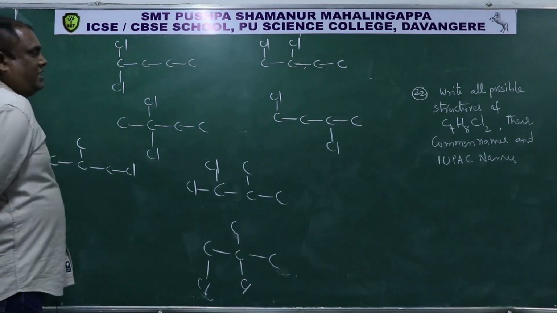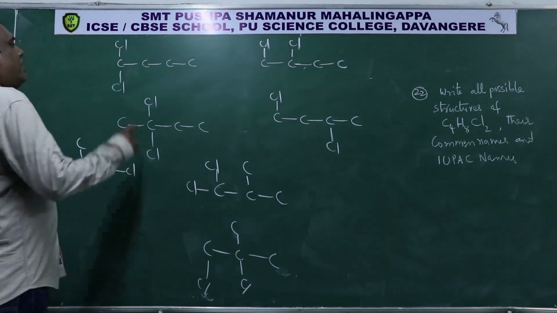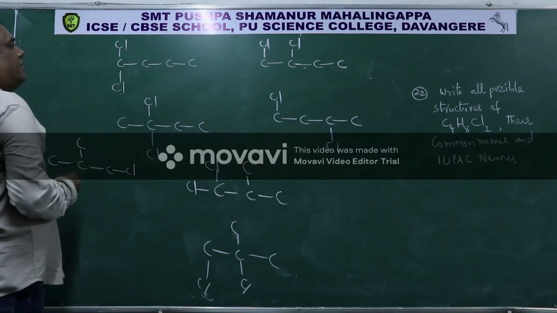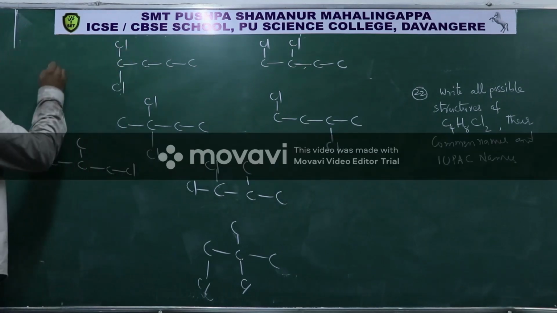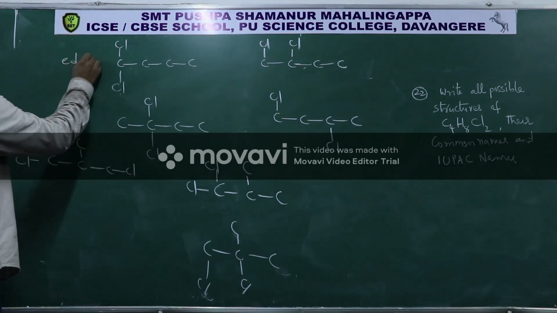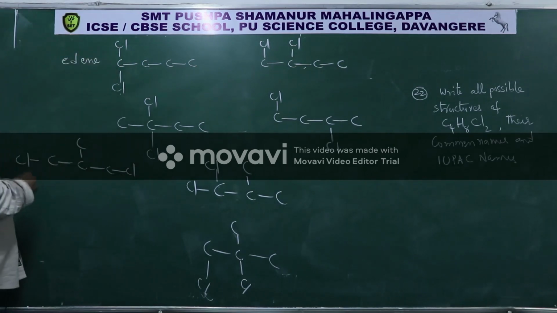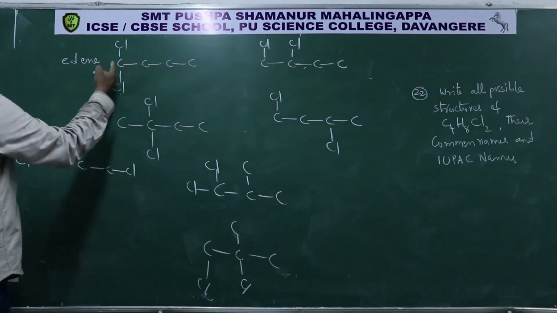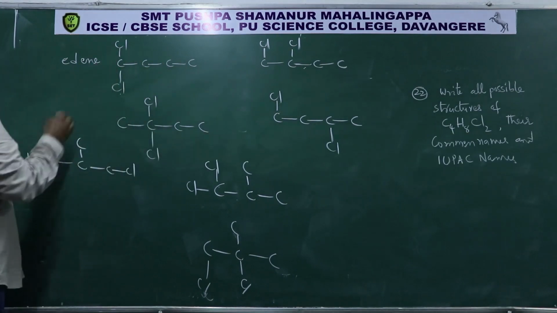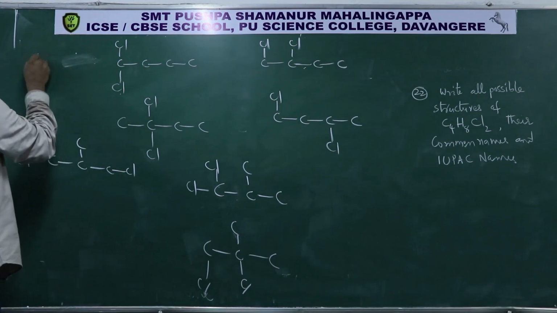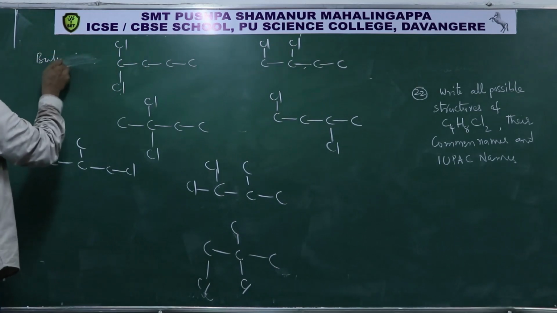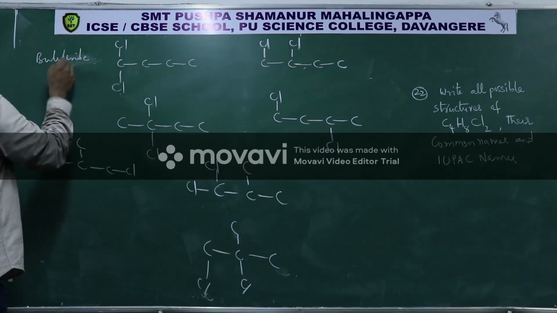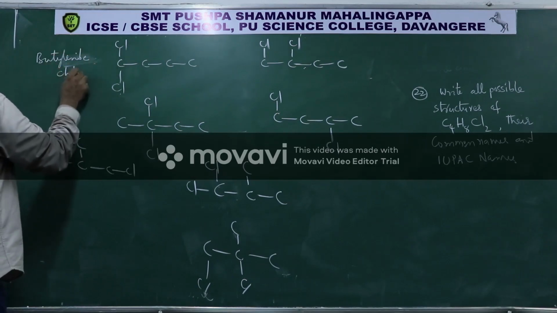Common names first of all let us see. Whenever two halogen atoms are attached to the same carbon, then common name becomes -idene. This is butylidene chloride.